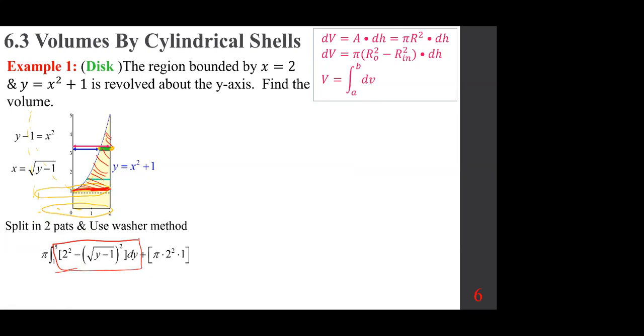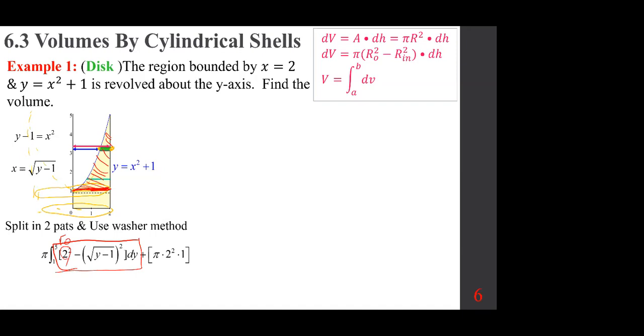So the outer piece, R out, is always 2. And R in is the x coordinate of the curve, the parabola, which is the square root of y minus 1.